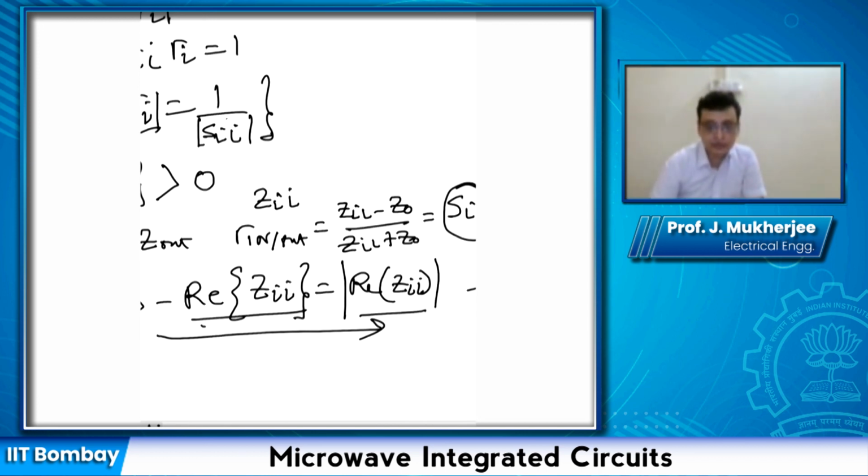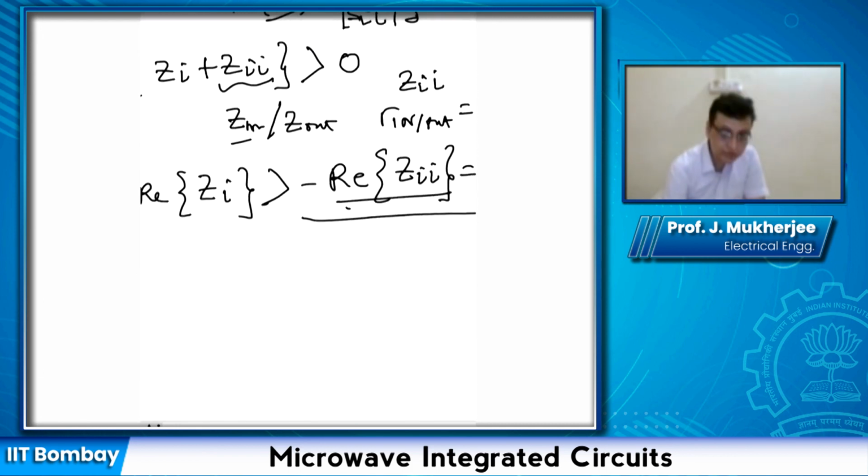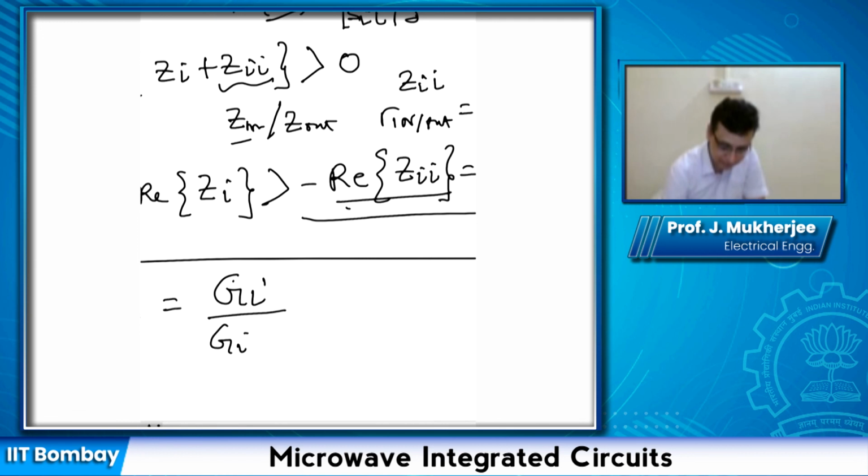Okay, and how do we plot the gain plots? For the gain plots, we keep our definition the same, except that we define our normalized gain, which we previously defined as capital GI upon GI max.